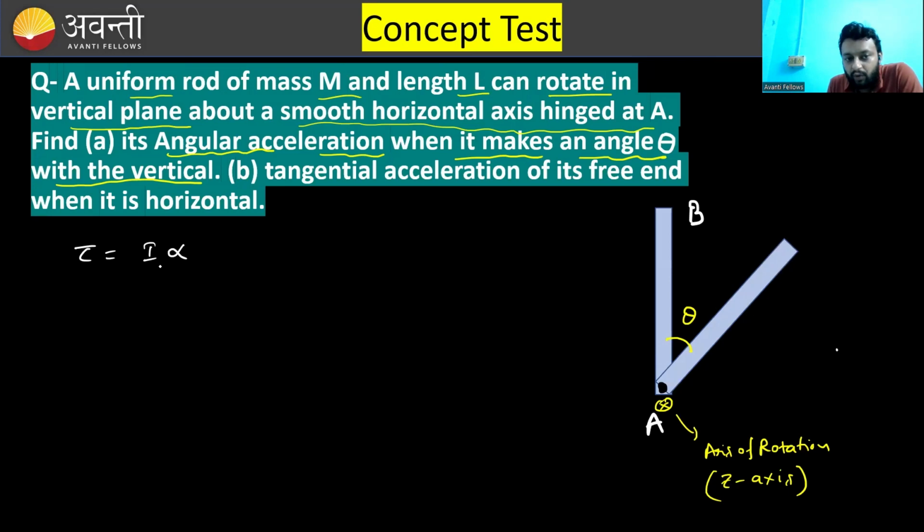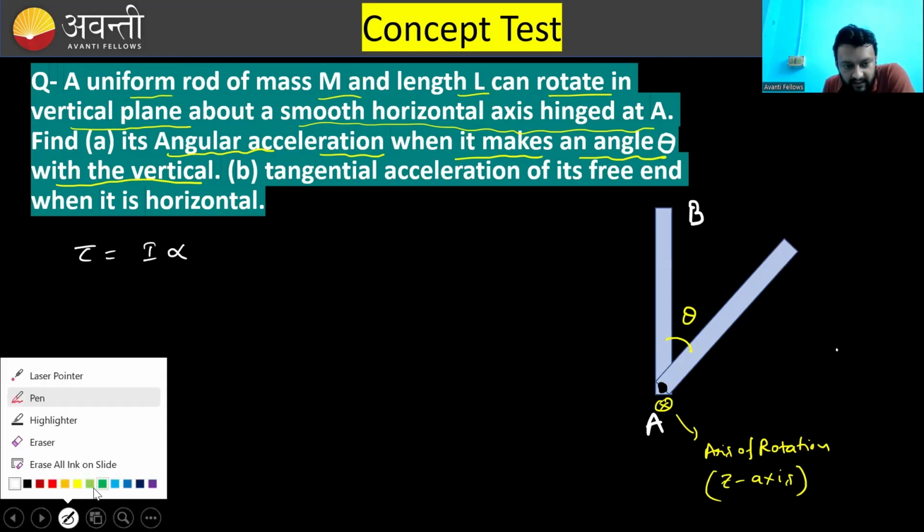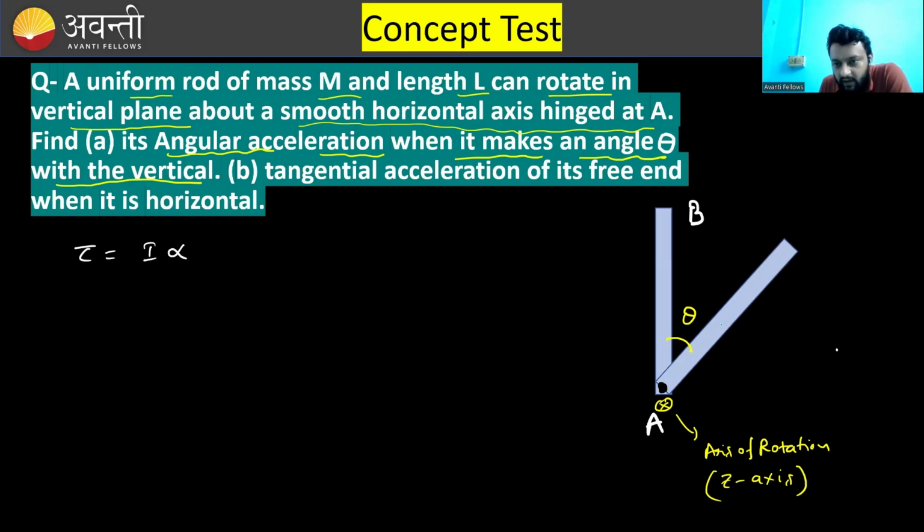Torque and I, both of these should be calculated about the end A. Clear? Now, for the calculation of torque, say this is the center of the rod, then mg will be acting here only. I think this is clear to you.